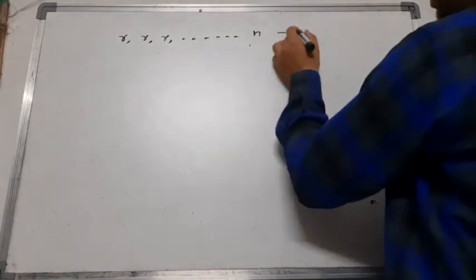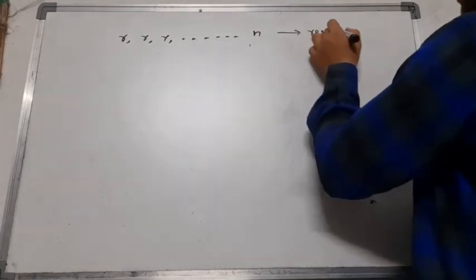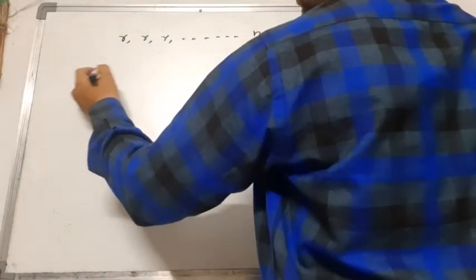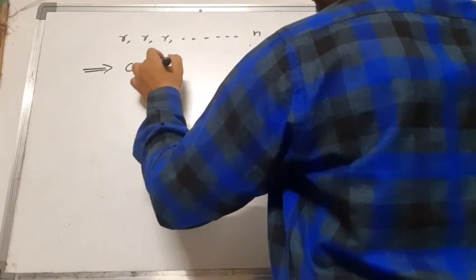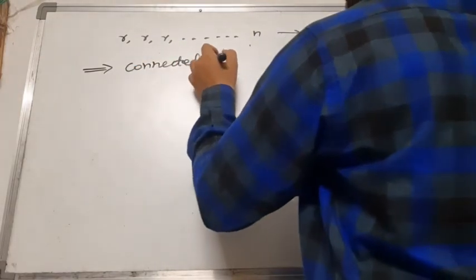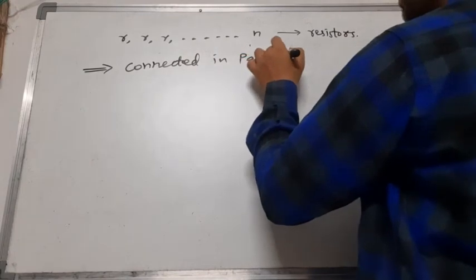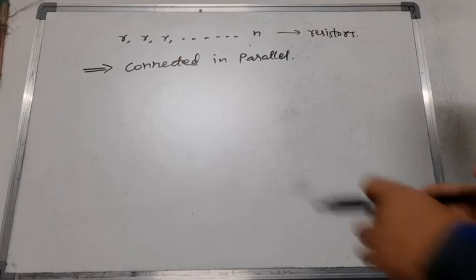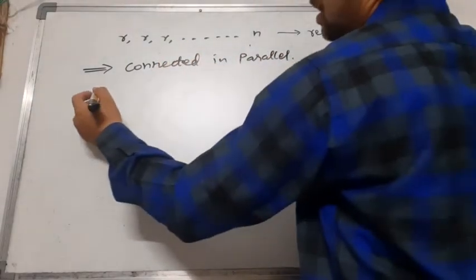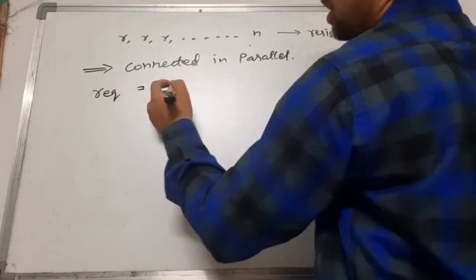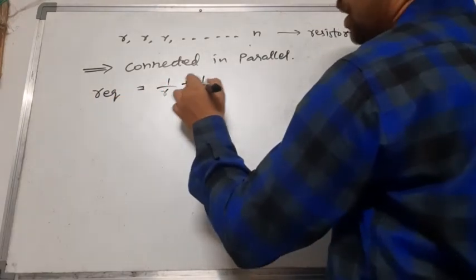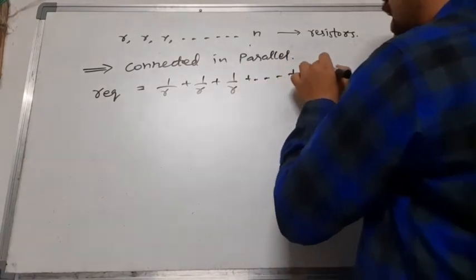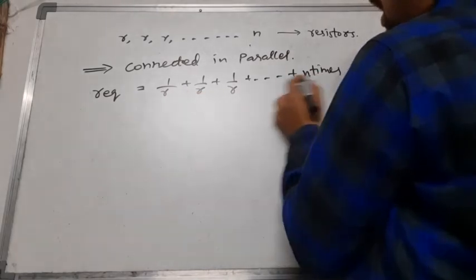These are all resistors, and they are connected in parallel. Then what happens if these resistors are connected in parallel? The equivalent resistance is equal to how much it will be? 1 by R plus 1 by R plus 1 by R, and so on up to n times we will add, right? So n times we are adding 1 by R only.